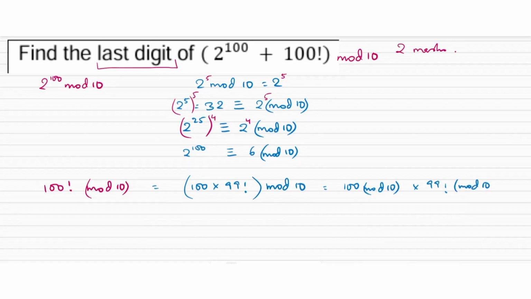Now 100 is divisible by 10. So here the remainder is 0 into whatever number. That is not my concern anymore because over here I am getting 0 only. So the last digit will be the sum of the moduli, which is in this case 6 plus 0, which is 6 is the last digit. So this is my answer over here.